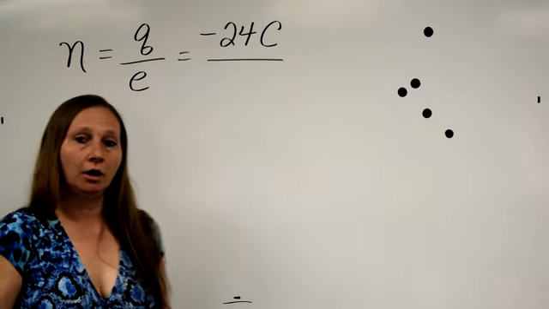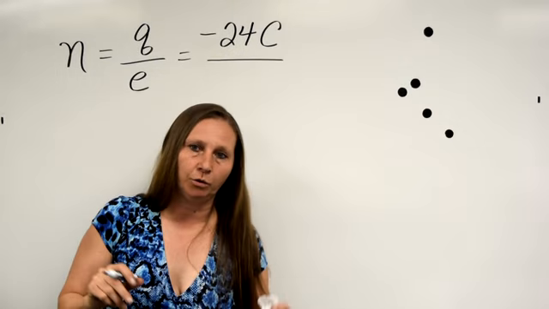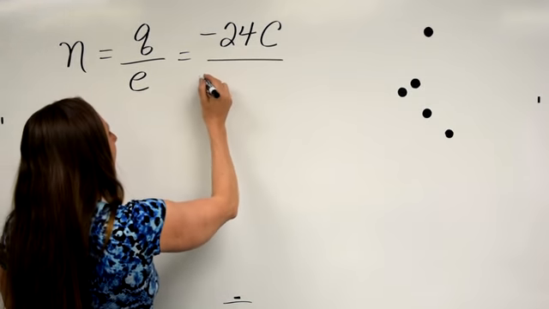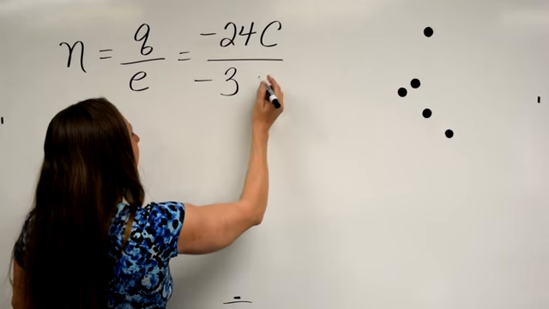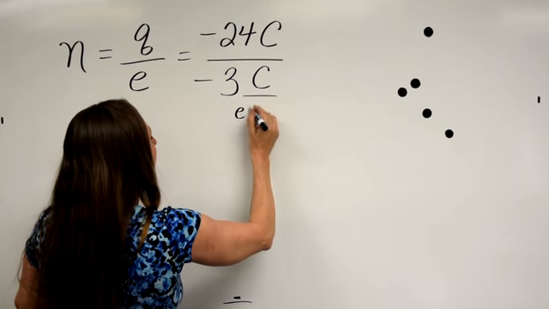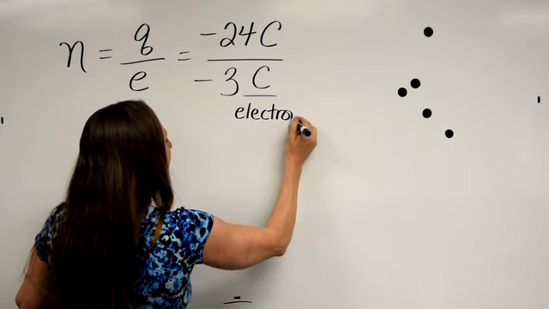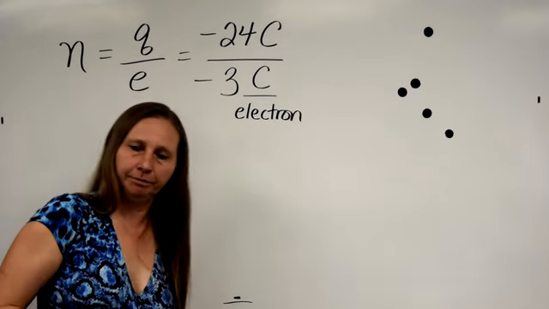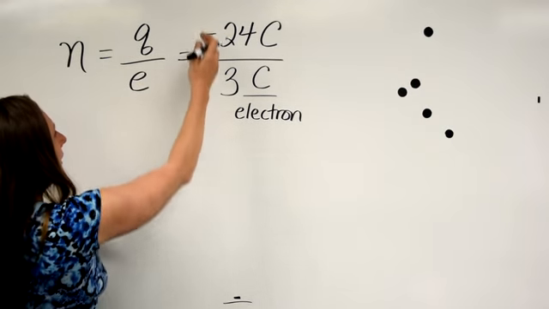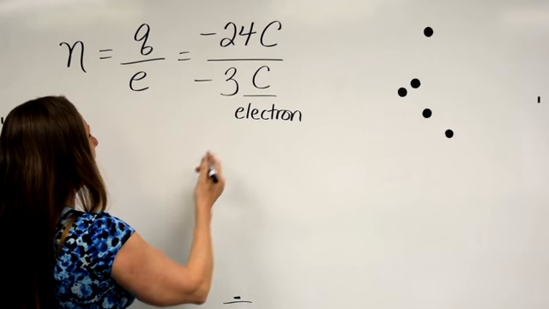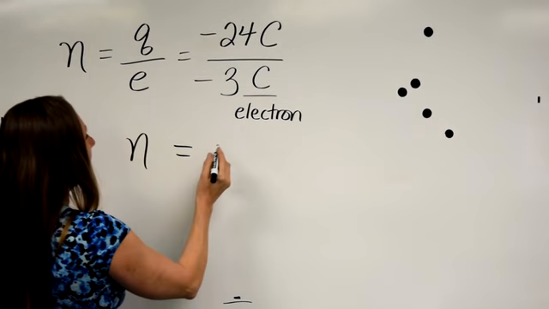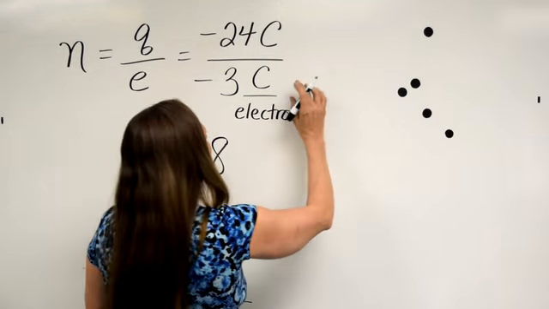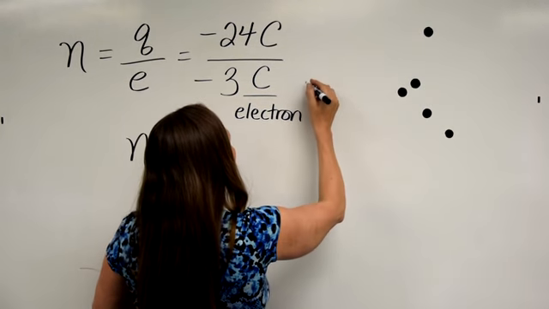And the elementary charge in our weird little universe, we have no idea where this universe is, it's not our universe, but each electron is negative 3 coulombs per electron. And I want to know how many electrons that is. Well, you divide. The negatives cancel. 24 divided by 3 is 8. Now, we're going to invert.